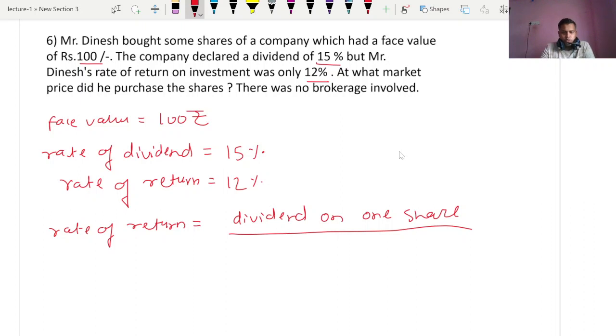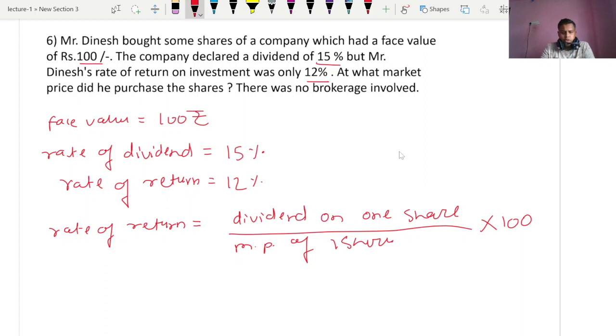So here purchase cost of one share is equal to market price of one share because brokerage is zero. So directly write this as market price of one share multiplied by 100.